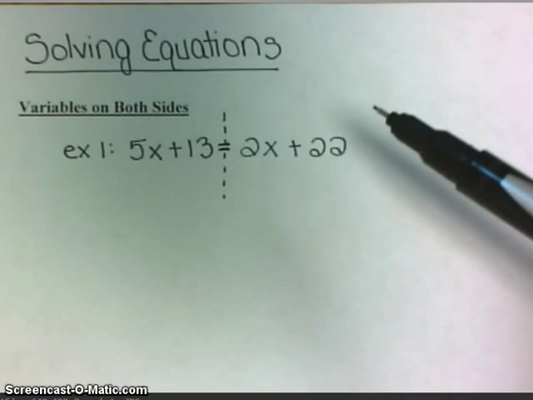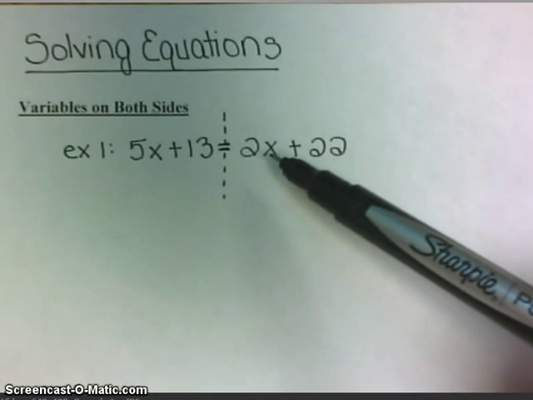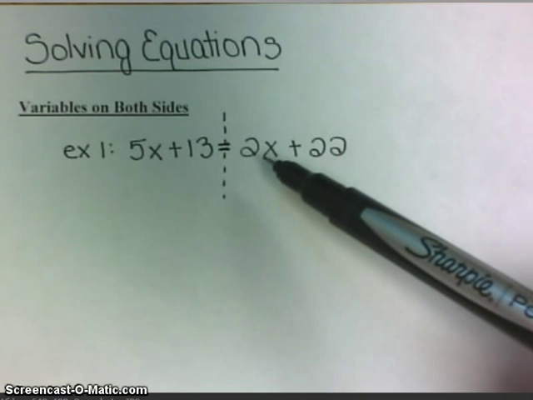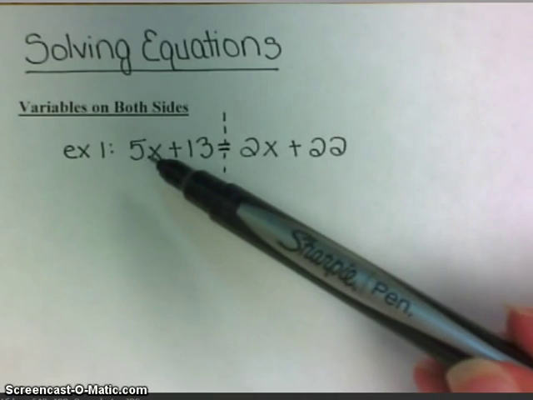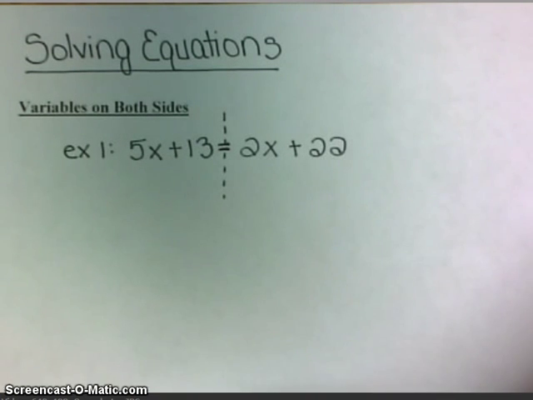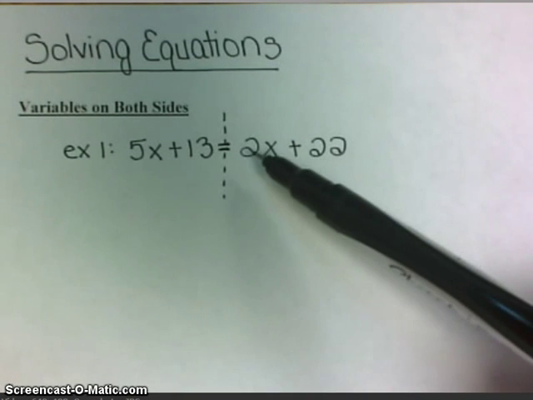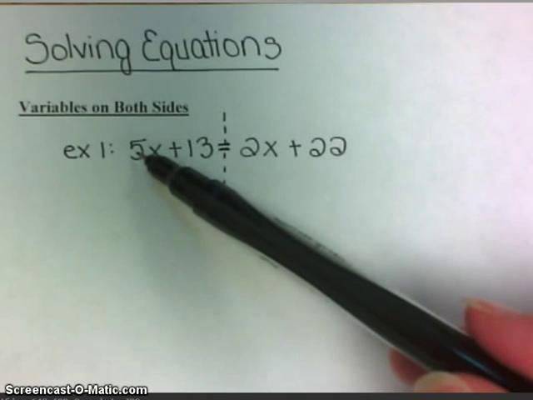Coefficient is a vocabulary term you should already know. 2 is the coefficient of x in this expression right here. It is the number in front of x. The coefficient in this expression is 5. It's the number in front of the variable. I'm going to go with that suggestion just to show you. 2 is smaller than 5. You all know that.